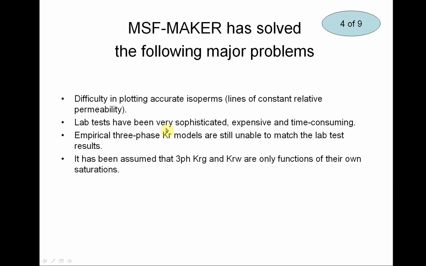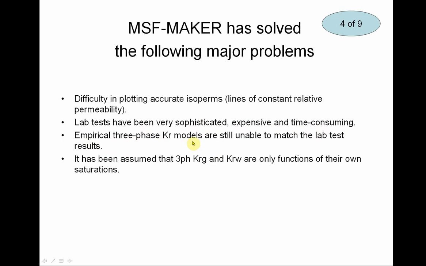This software has solved the following major problems. As you know, since the 1940s till now, we have been experiencing difficulty in plotting accurate isoperms. Lab tests have been very sophisticated, expensive, and time-consuming.